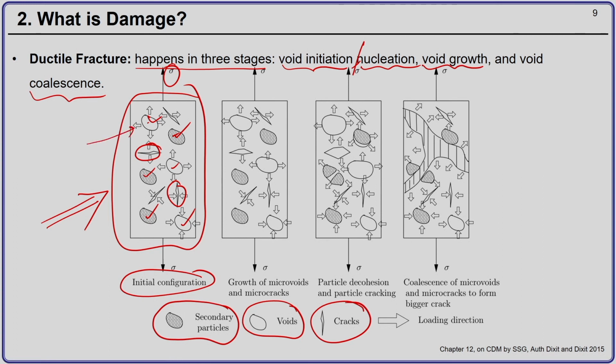We are seeing this in 2D for simplicity, but it extends well to 3D. As you apply the loads, the voids, cracks and particles will be subjected to different loads. Some of them may be in tension, some in compression.